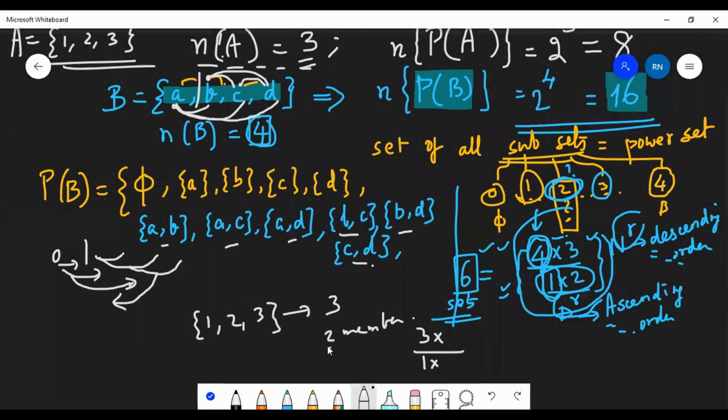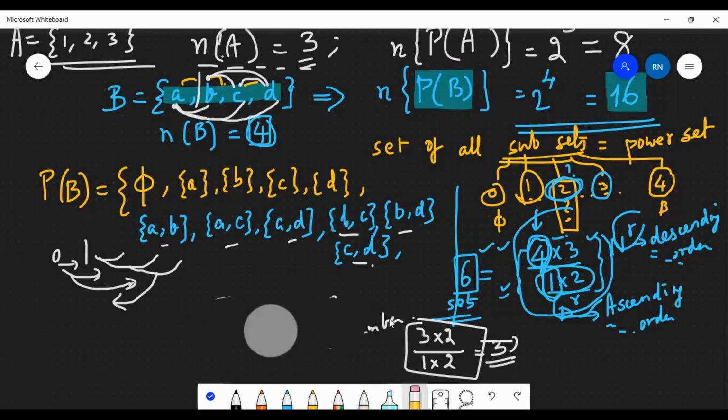You write only 2 numbers. So descending order is 3 into 2, ascending order is 1 into 2. So what is the answer? 3. So 3 pairs only. What are the 3 pairs? 1, 2; 1, 3; 2, 3. So this method will always give you the correct numbers.